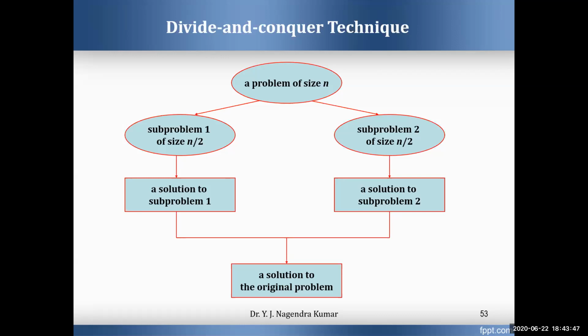You have to merge all those single elements, and then finally we'll get the solution for the original problem. So that is called divide and conquer. In the first phase, you have to divide the elements, and in the second phase, you have to merge, that is combine, those elements so that we'll get the solution for the original problem.